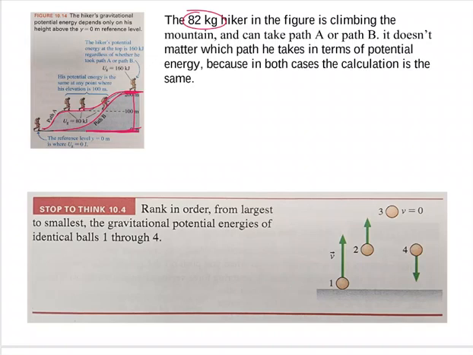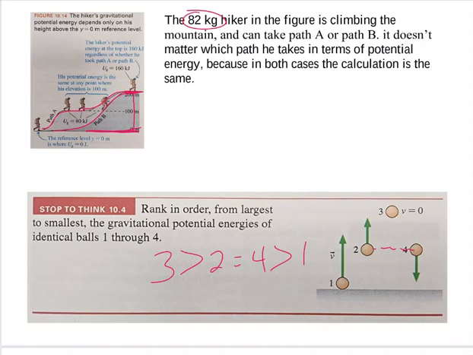Yeah, I think it's meant that these are the same here. What do you got? 3 is greater than 2 is equal to 4 is greater than 1. Yep, because the masses are all the same. They told us that they were identical.